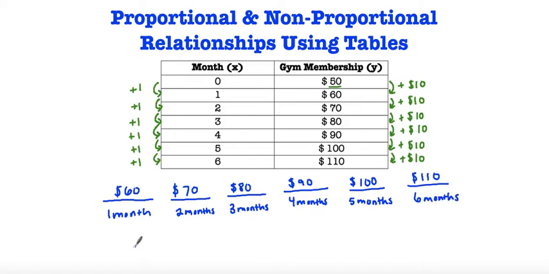So here for the 1 month, I don't need to simplify that since it's already simplified. But for the 2 months, if we divide the cost, $70 divided by 2 months, we end up with $35 per month.